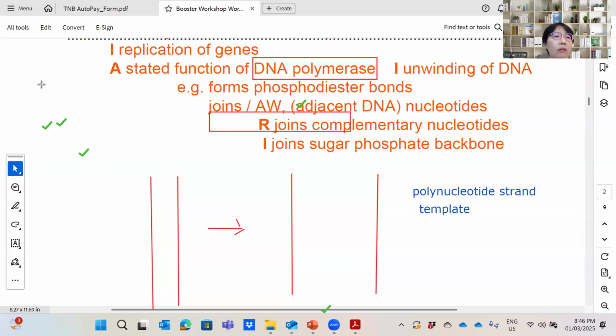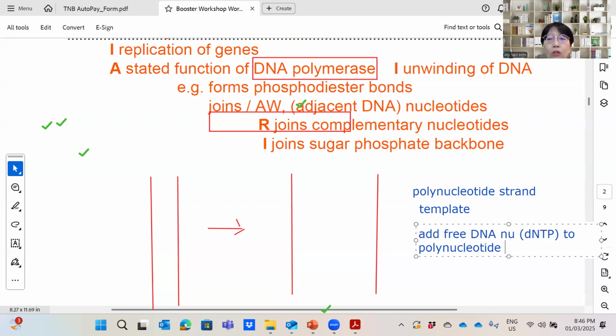It can only add, so this one is something that you want to remember, DNA polymerase only adds a free DNA nucleotide, which you call dNTP, to a polynucleotide strand, regardless whether the strand is short or long. So therefore, this is something detailed that I want you to know.